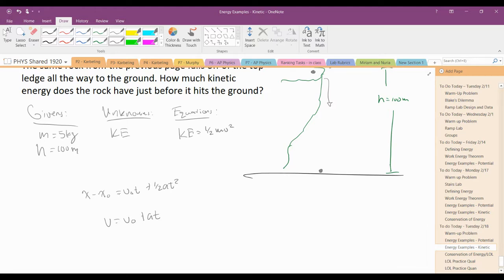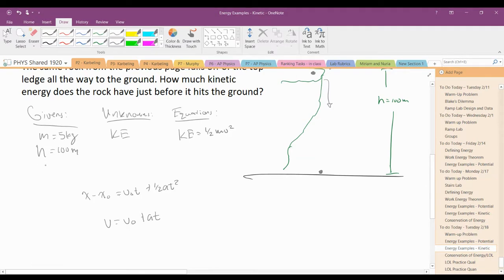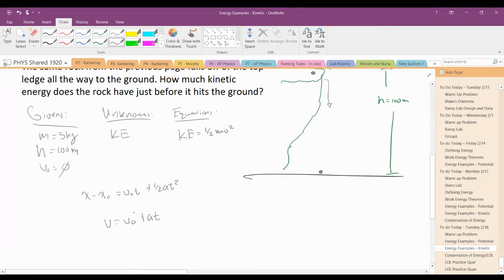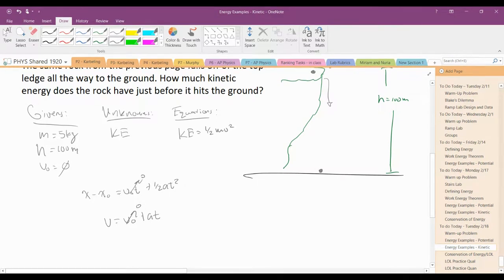Our initial velocity is also a given. That's 0, right? Because it's just sitting there, not moving initially. So we can set these to 0. Our acceleration is only the acceleration due to gravity.